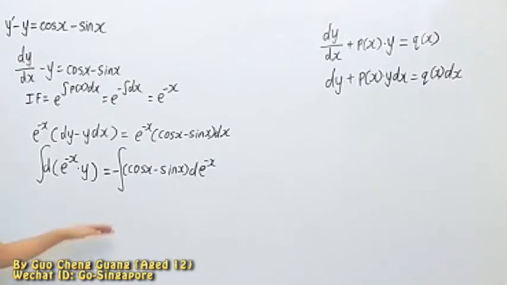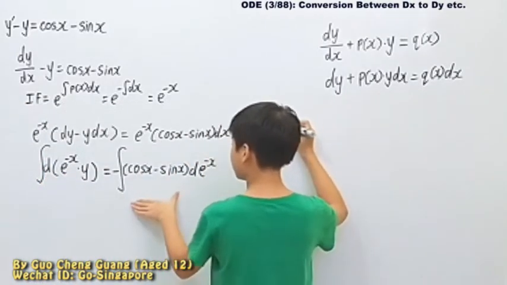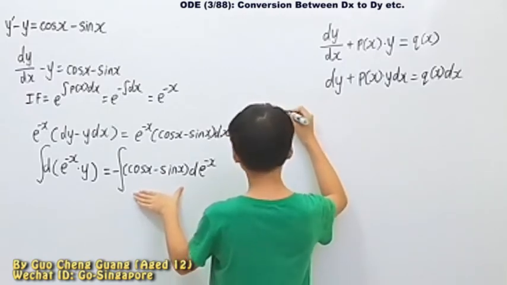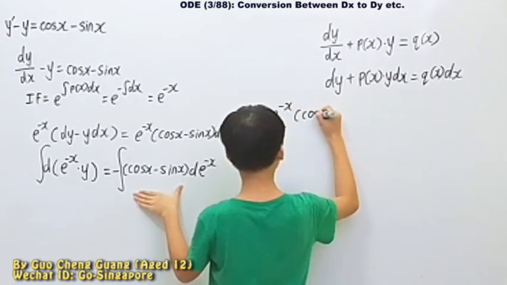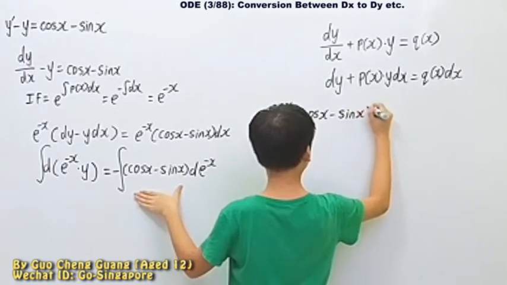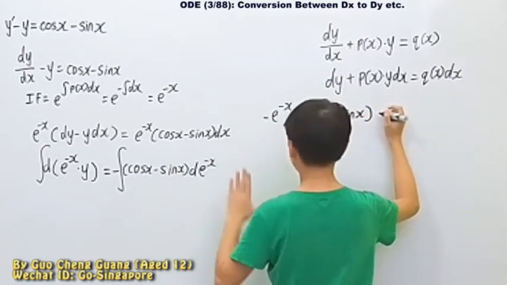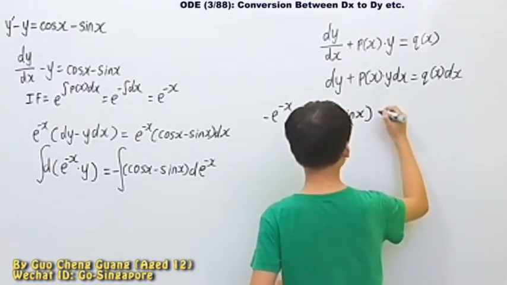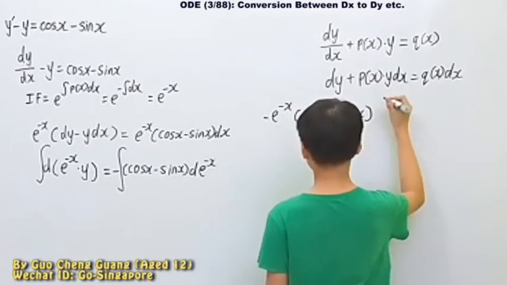Okay, let me just tell you what method we are using here. It is integration by parts. So this is using integration by parts. So we can find out the first part. Okay, so there's no boundary, it is indefinite integration. So there is an arbitrary constant. Well, we can put that at last.